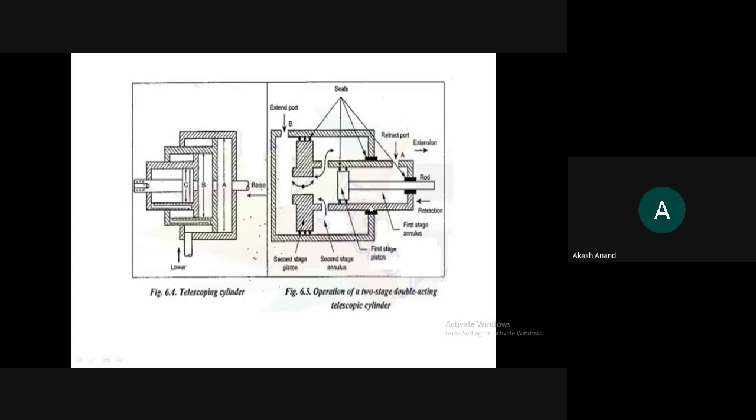That is how they are working. This is a logical concept: the stage 1 piston needs lesser pressure to move. If that pressure is given as inlet, then it will extend. And if the second stage piston has to move, then a higher magnitude of pressure should be given as inlet.